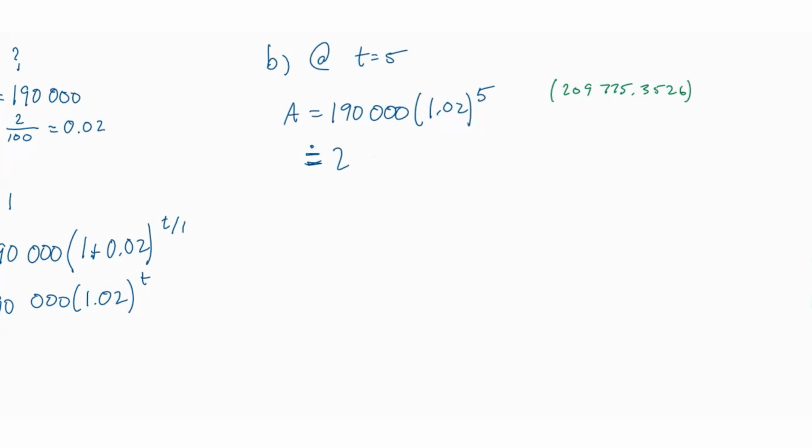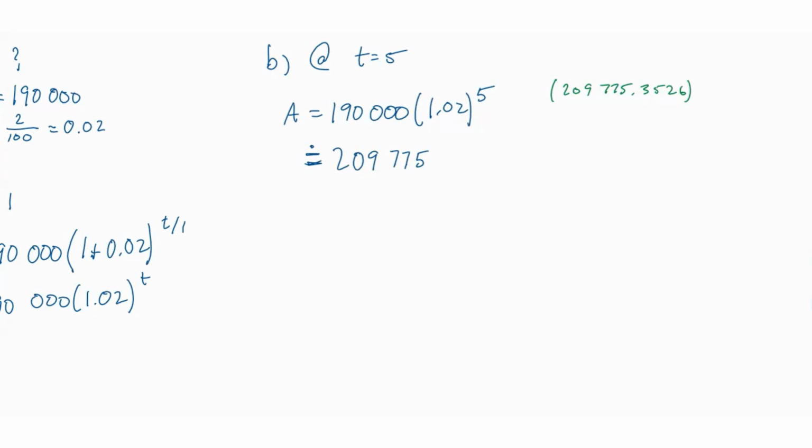So this would be approximately 209,775. And that's an approximation. It's not going to be an exact amount. You can't say that for sure. When populations grow, they grow by approximately 2%. It's not going to be exactly 2% every year.